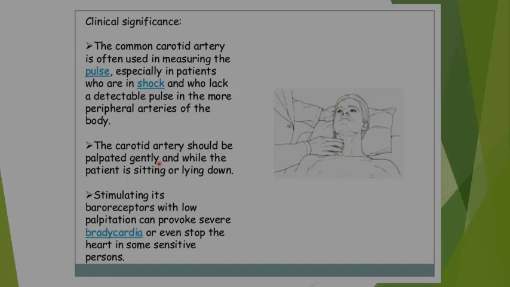The carotid artery should be palpated gently while the patient is sitting or lying down. Stimulating its baroreceptor with hard palpation can provoke severe bradycardia or even stop the heart in some sensitive persons. So that's why in case of a collapse or an arrest, the main artery you palpate for pulse is the carotid artery.